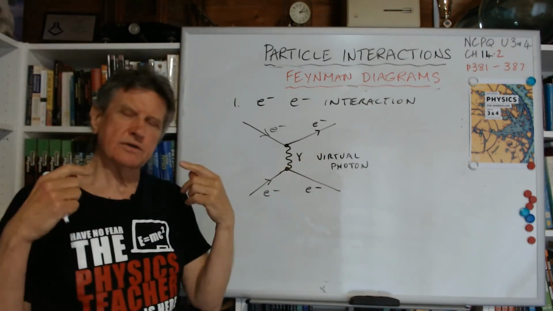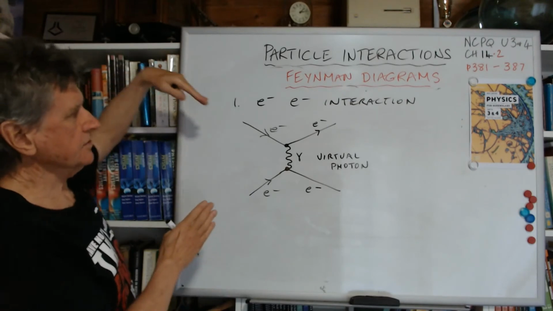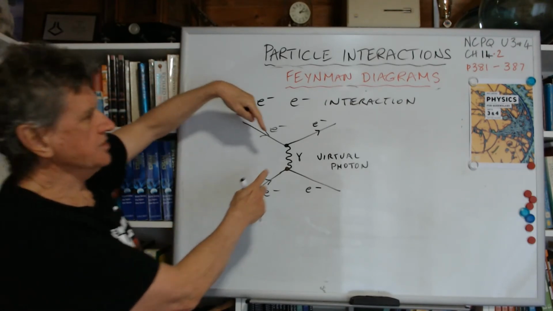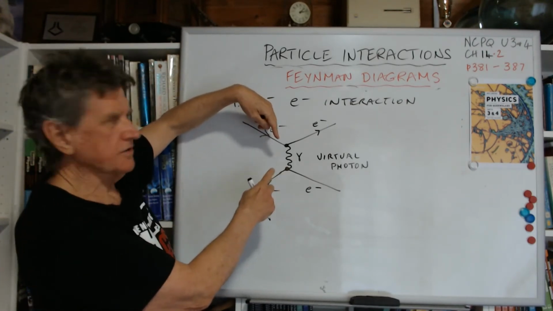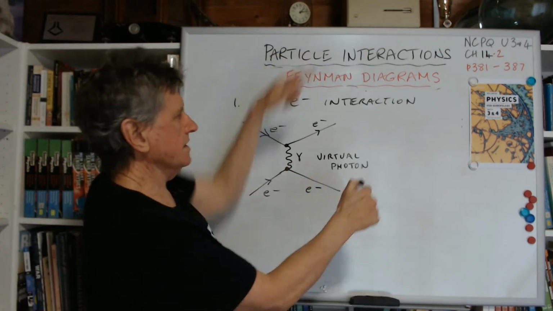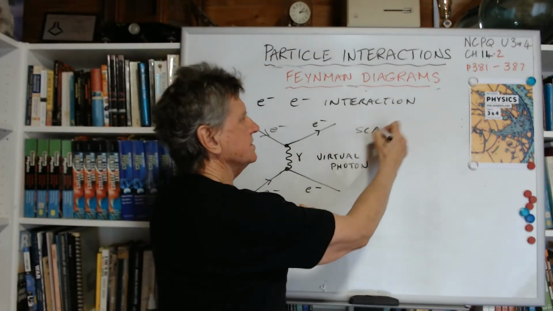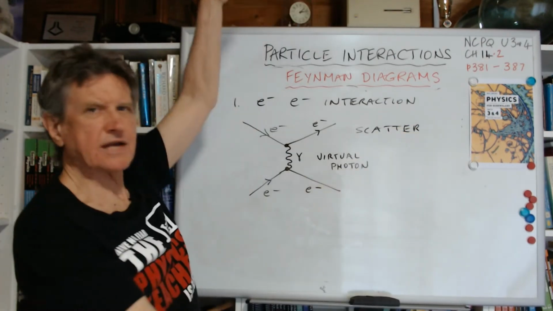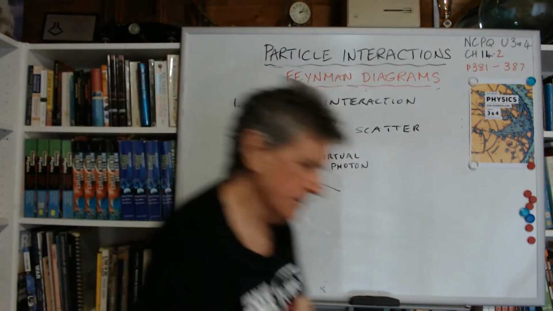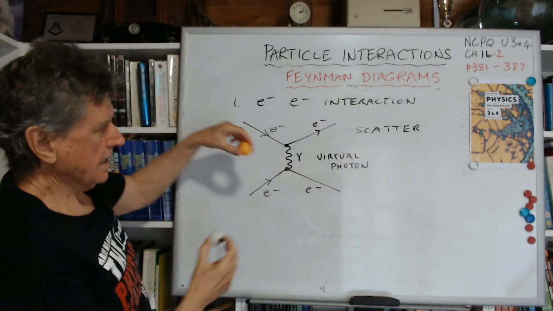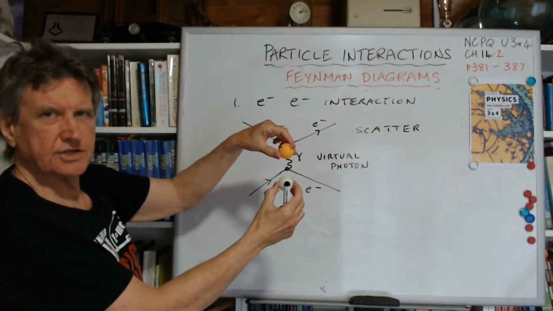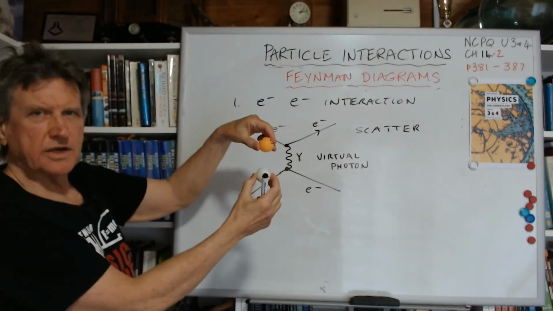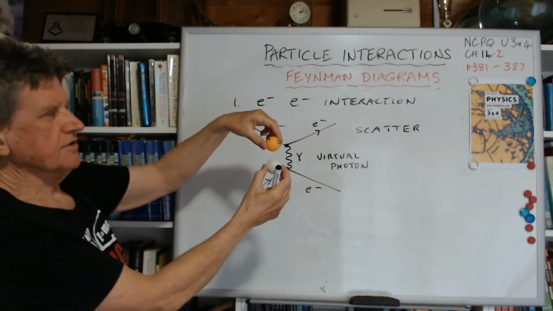So description again: 2 electrons approach each other, they exchange a virtual photon, and then they scatter. Now, a good word for this is to scatter, because what they do is they're scattering away. They're coming in like this, and then they don't touch. Well, who knows what they do, but they exchange a virtual photon and then they move away.